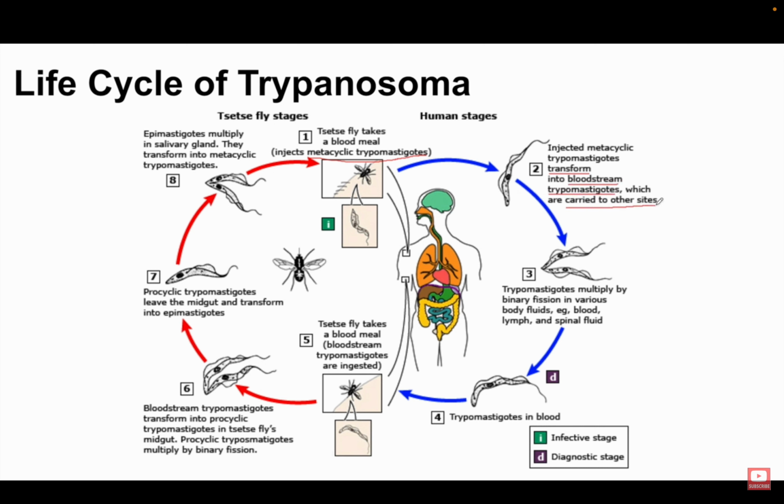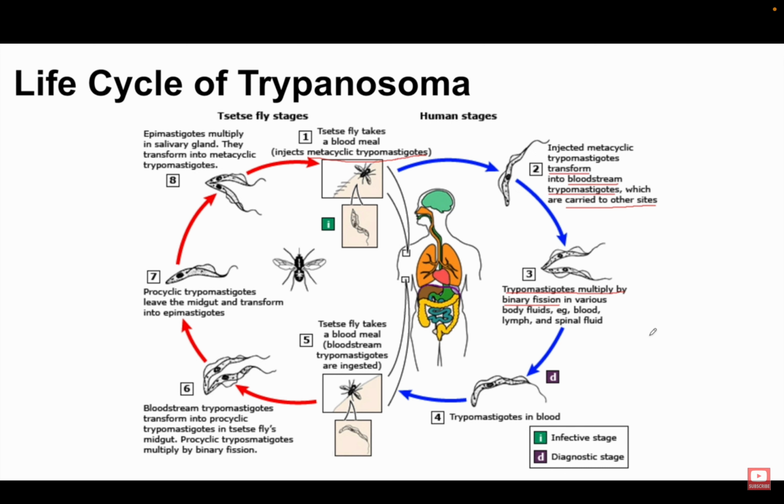So these trypomastigotes can then enter into other sites such as the lymphatic system, into lymph, and they can even enter into spinal fluid. Once they are within these different areas of the body, the trypomastigotes can continually multiply by binary fission. And they can start causing a lot of the symptoms we'll discuss in the next couple of slides.